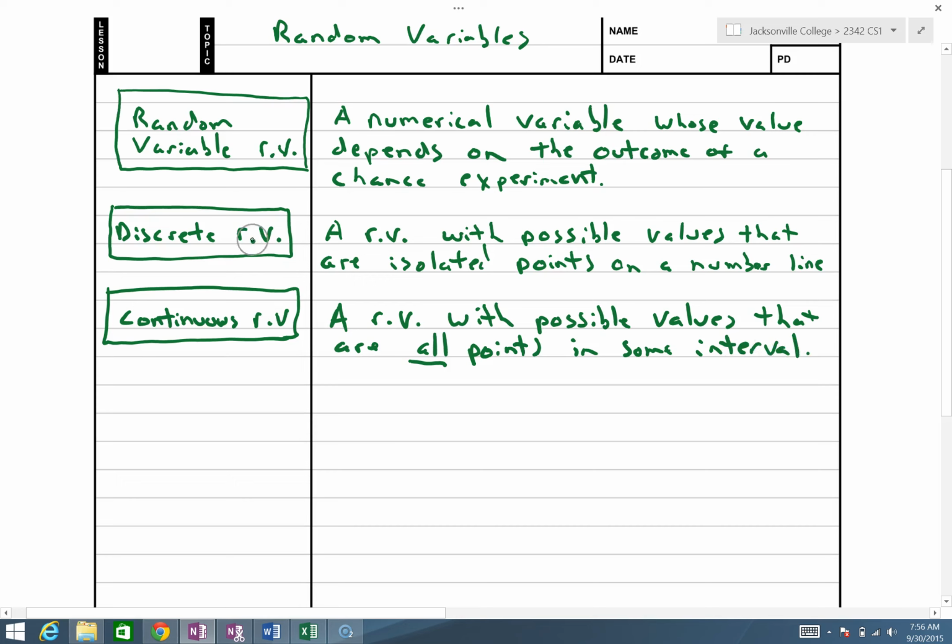Typically, we're going to see this discrete random variable as being something finite, and this continuous random variable as being an infinite number, a portion of the number line.